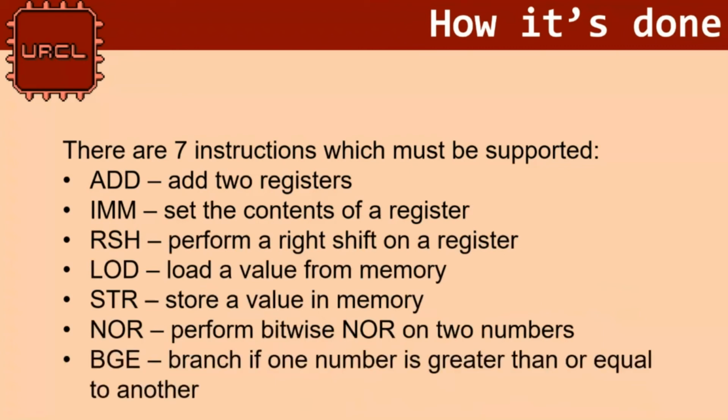And finally, a bit of a long one, branch if greater than or equal to, which is a comparison which can be used to measure equality, inequality, less than, and all the others. So this is how we implement conditional branching in the language. So with these 7 instructions, you can construct any other function, such as multiplication, division, square root, anything. So this is all you need to support to run any URCL program.